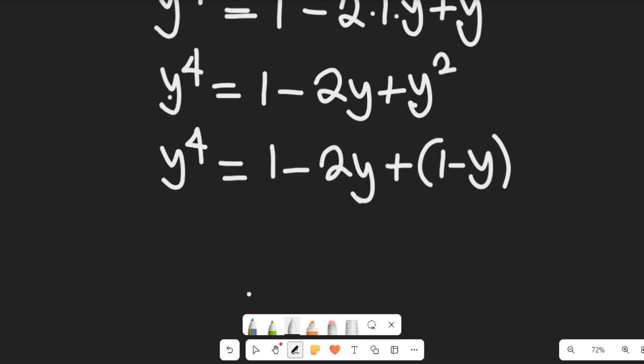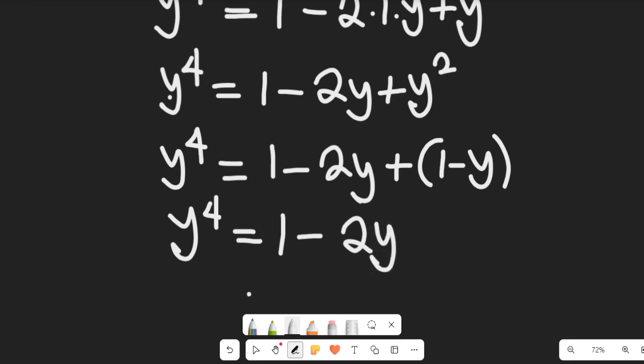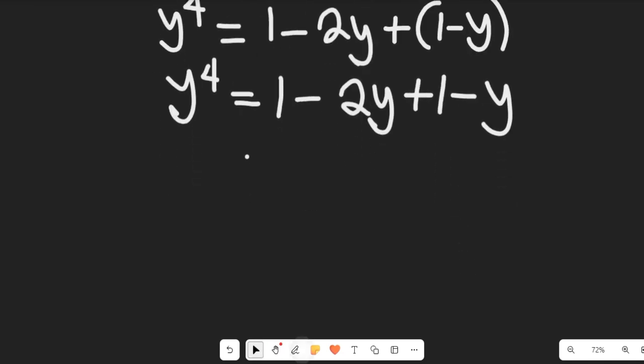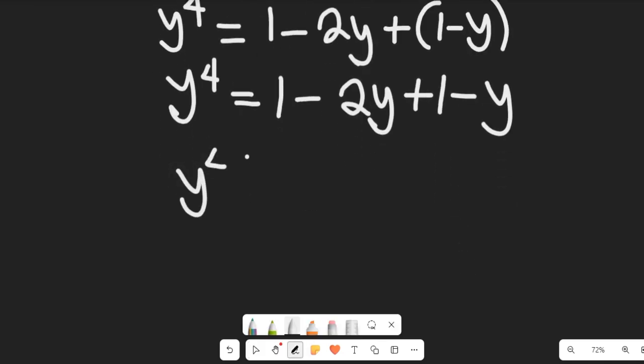Now, simplifying this, we'll have y to the power of 4 equal to 1 plus 1, which is going to give us 2, and minus 2y minus y, which gives minus 3y, so this is going to give us 2 minus 3y.